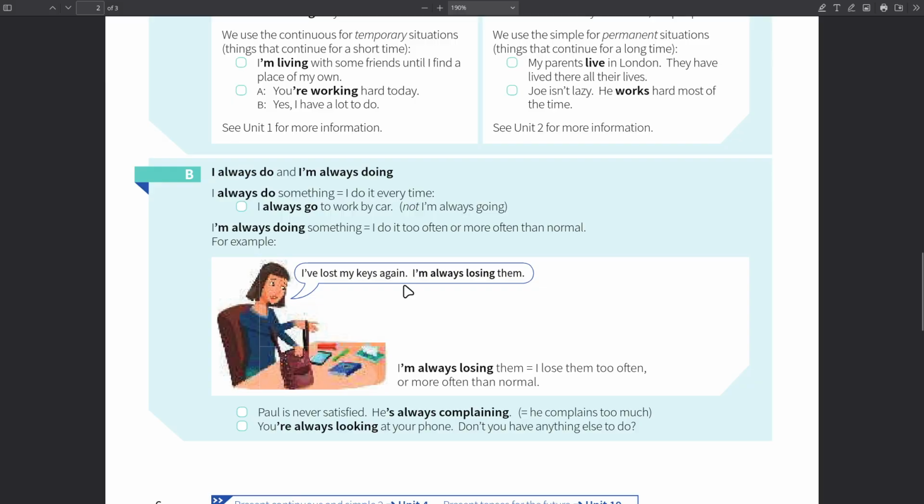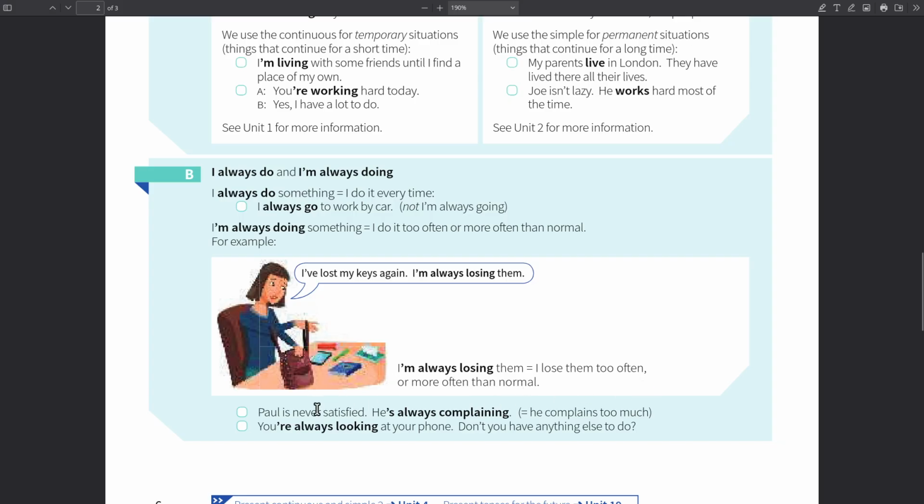Maybe a normal person could lose their keys, I don't know, three times in their whole life, right? But what about you, if you lose your keys every day or every week? That's something that happens more often than normal. You know what I mean? For example, I am always losing them. I lose them too often, or more often than normal.